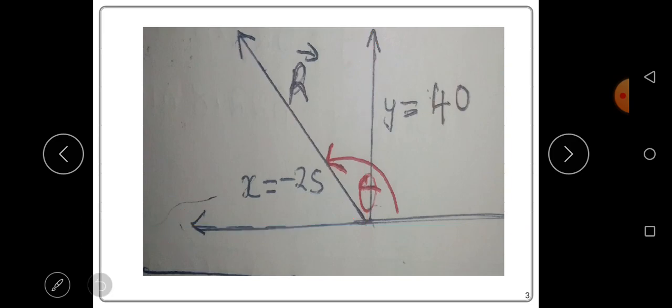So now this is our vector, and this is the angle which becomes our direction. This is what we have drawn. They want us to find the magnitude and the direction, so let's start by finding the magnitude. This is not so hard because we already have the components.